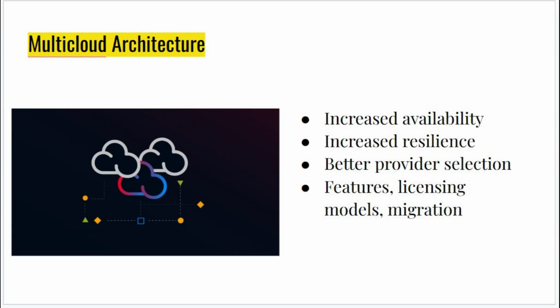Lastly is the multi-cloud architecture. A multi-cloud architecture is when a company uses multiple services from multiple different cloud providers. And I think this is going to be the future because a lot of companies nowadays find one cloud provider that they like and go with that one cloud provider for the many services that they have.